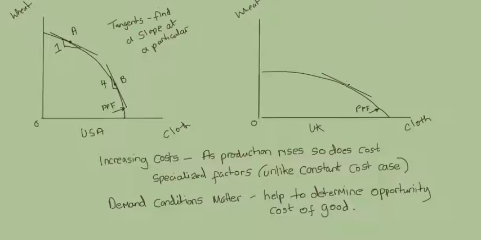So we can't really say whether the US should be the wheat exporter or the cloth exporter until we can compare the opportunity cost. We have to pick the point first in order to determine opportunity cost before we can say which country is the exporter. So that's actually an interesting complication of the increasing cost case, that the demand conditions become more important, and we need them to determine opportunity cost before we can say who should trade what to whom.